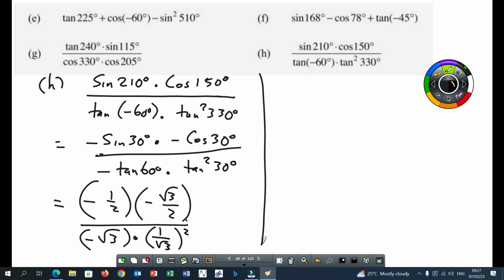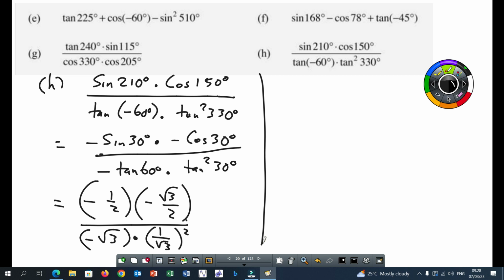Then let's simplify. Do you have a question, Harry? Go back to that. Yeah, root 3 over square root of 1 is square root of 3.